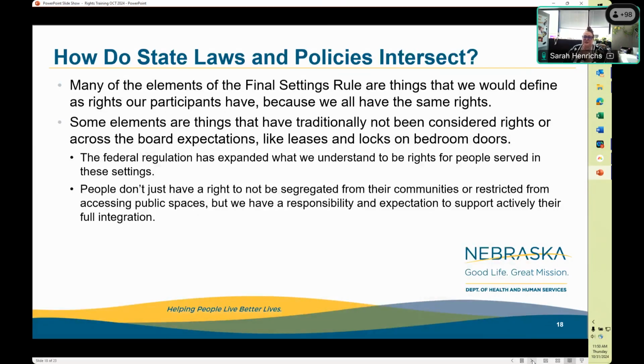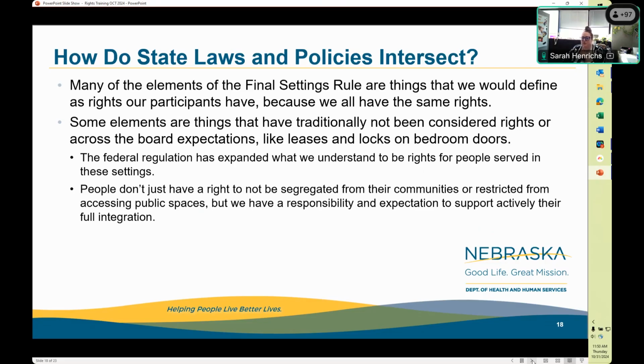So how do state laws and policies intersect with the final settings rule? As you can see, many of those things in the final settings rule are things that we would define as rights that our participants have, even under our state laws and regulations and policies. But there are some elements that have traditionally not always been considered rights or across the board expectations, like leases and locks on bedroom doors. Because there are people who choose to live with a friend and may not have a formal lease and things like that.